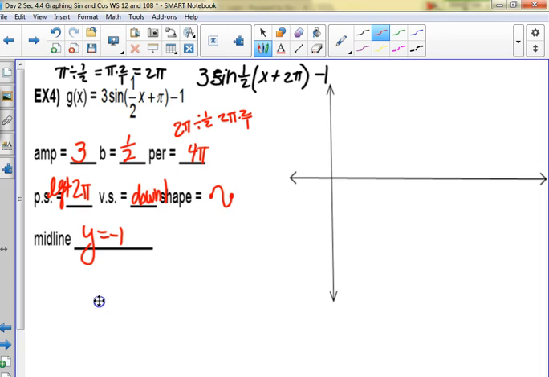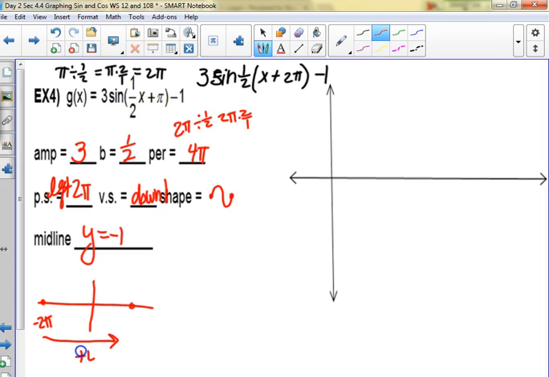All right, I'm going to draw this without graph paper down here for just a second. If I think about shifting the sine to the left 2 pi, and it has a period of 4 pi, where would I finish?